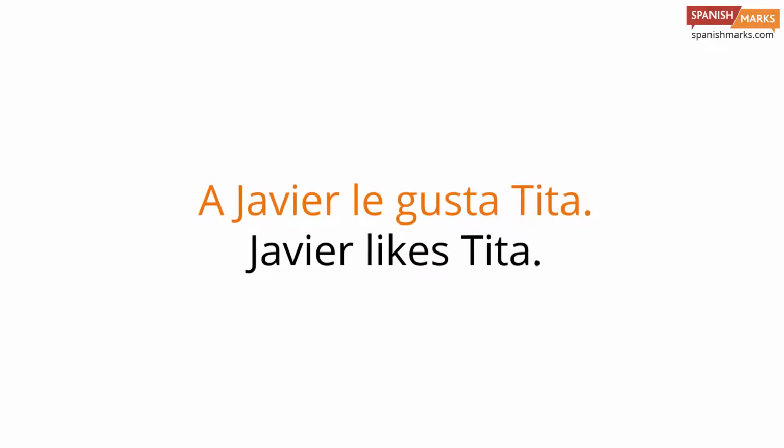As we saw with this previous example, a Javier le gusta Tita. You always have to use the preposition a at the start of a sentence when you mention the name of the person doing the liking. A Javier. Remember to also include the indirect object pronoun in these types of sentences.